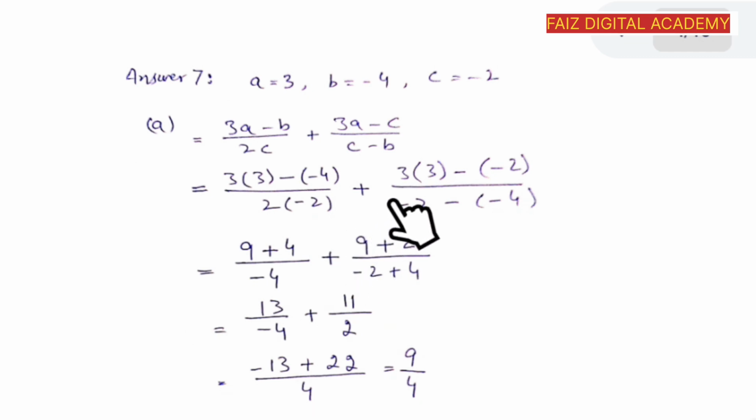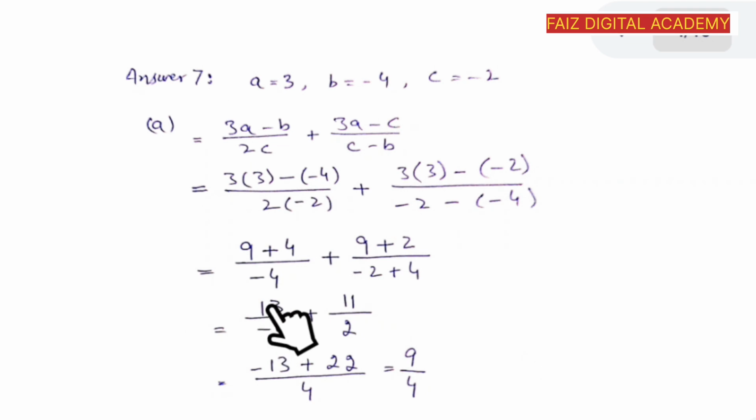Similarly, then this plus sign, and on the other side we have done the same thing. 3 3s are 9, minus plus 2 is written as such, -2, and then minus is plus, and this 4 is written as such. So we just multiplied the numbers and multiplied the signs, and the product of the numbers and the product of the signs are written in this step. In the next step we now add or subtract them.